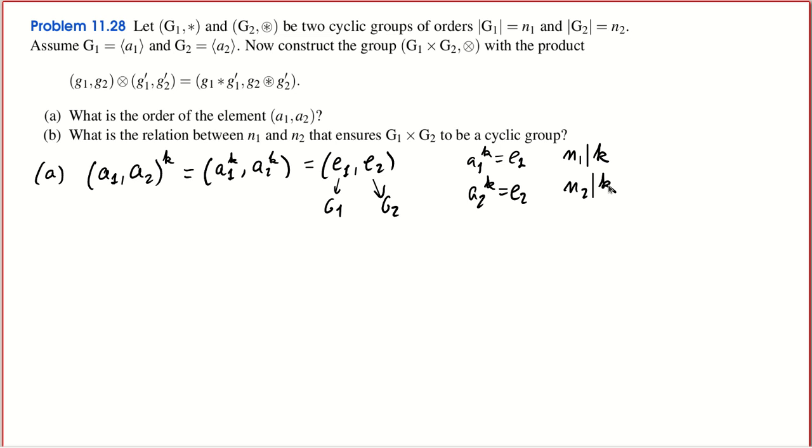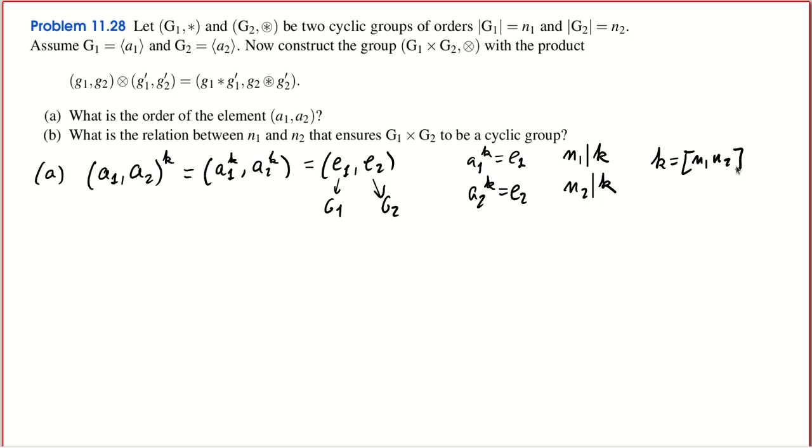So k has to be a simultaneous multiple of N1 and N2, and not only that, it has to be the smallest possible number with this property. The smallest possible common multiple of N1 and N2 would be the order, and that is, of course, the least common multiple of N1 and N2.